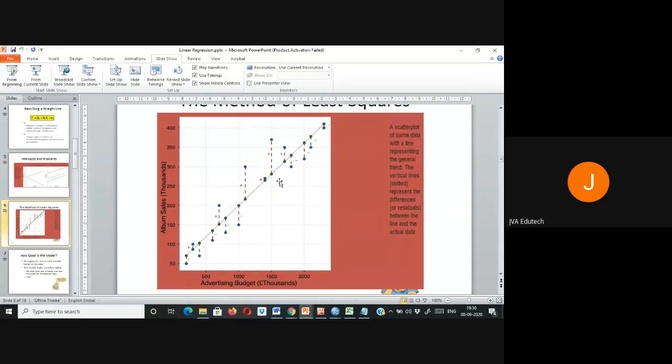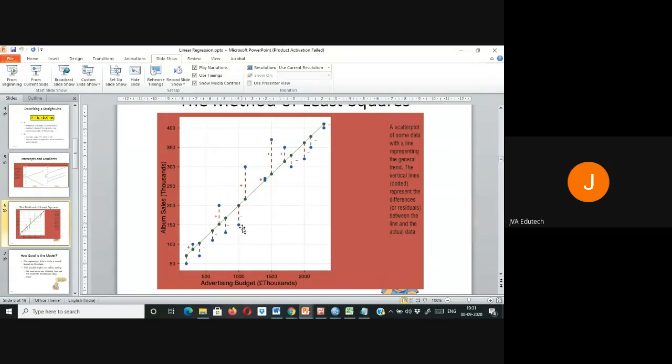So this is the linear line on the basis of which you can predict that if the advertising budget is more, the sales of the album would also be more. But here you can find a few points that are deviating from this line, both in the positive direction and in the negative direction.